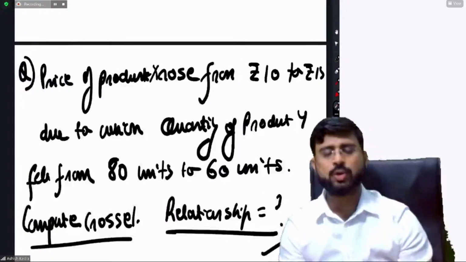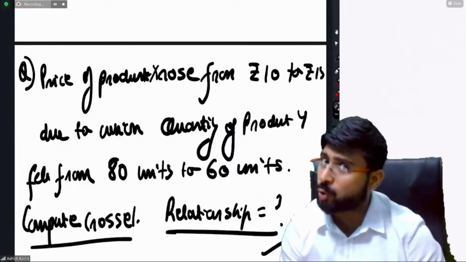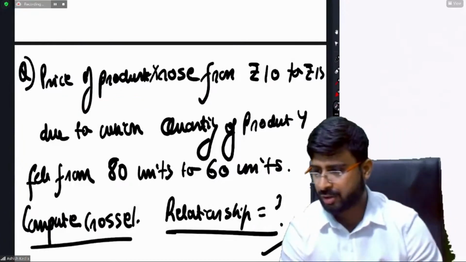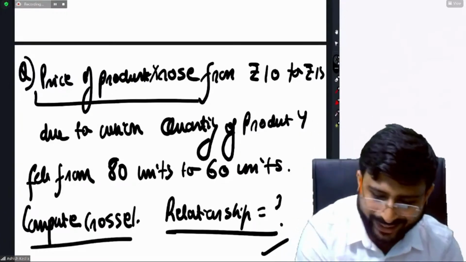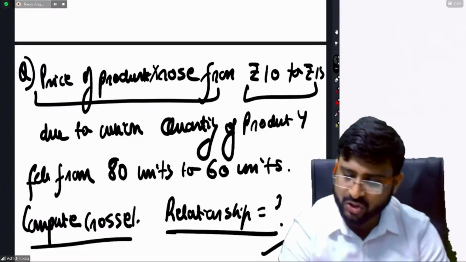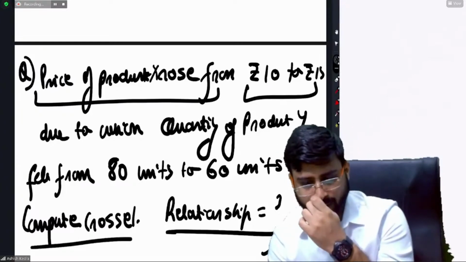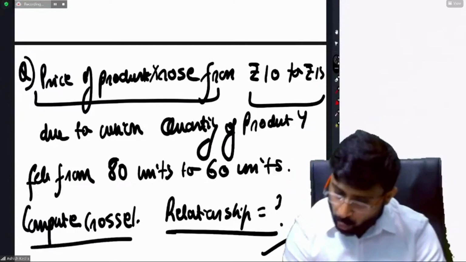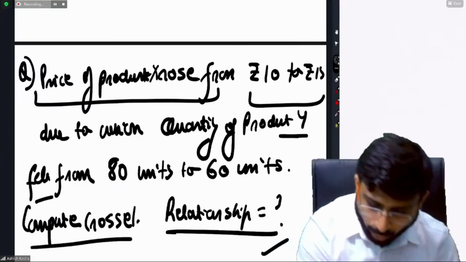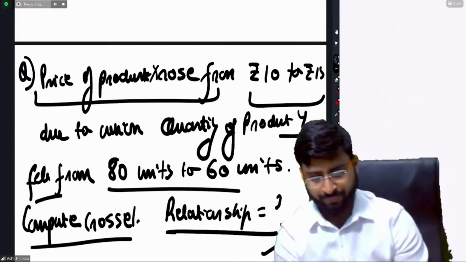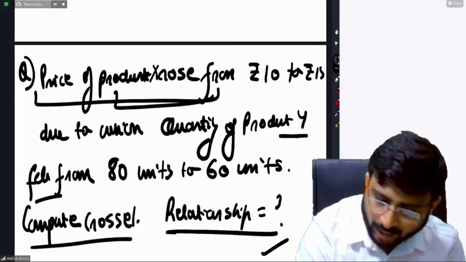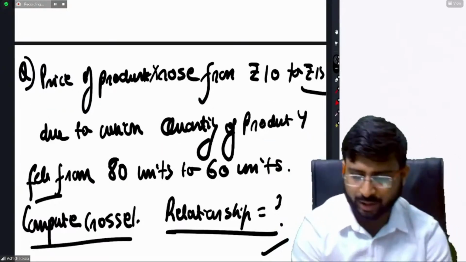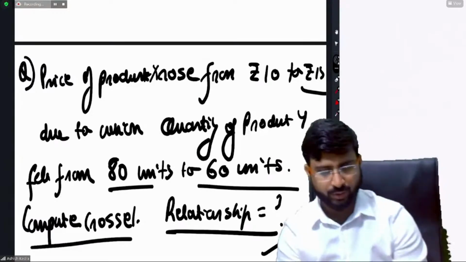So now, friends, let me give you another question for practice to calculate cross elasticity of demand. Everyone do this question. Price of product X rose from rupees 10 to rupees 15, due to which quantity of product Y falls from 80 units to 60 units.